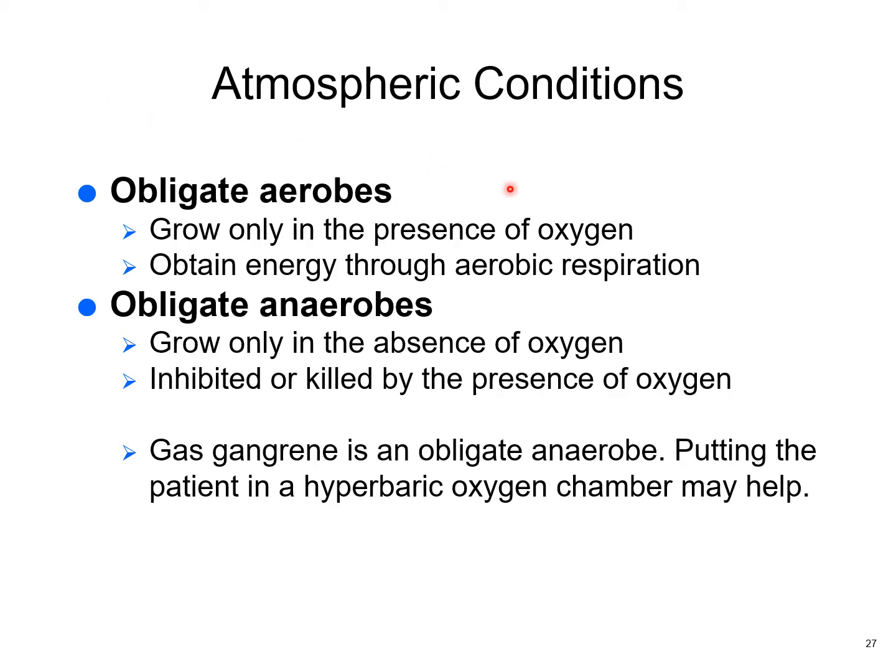Okay, aerobes and anaerobes. Aerobes have to have the presence of oxygen. Obligate means they're obligated to have oxygen. They must have it. Obligate anaerobes cannot grow in an oxygen-rich environment. Gas gangrene is a good example. You have a crushed piece of tissue, maybe a foot or leg, they're not getting any oxygen to it.